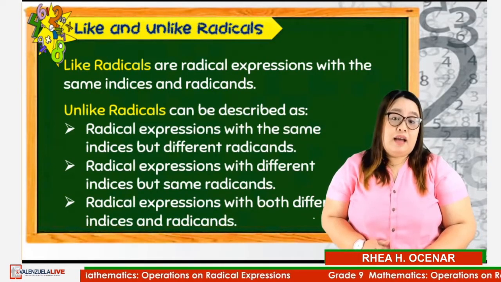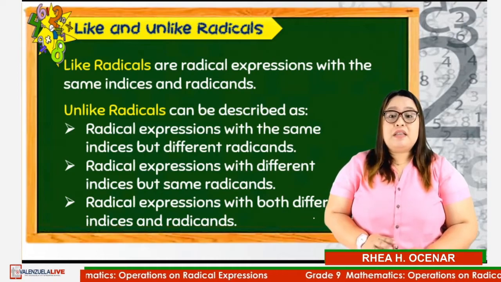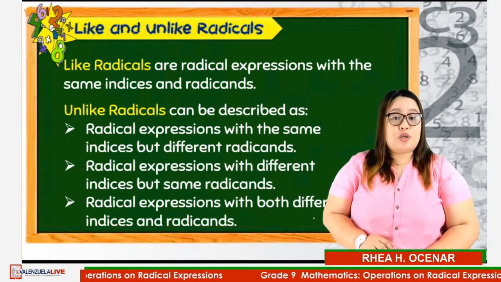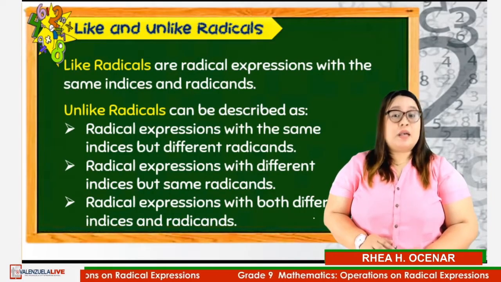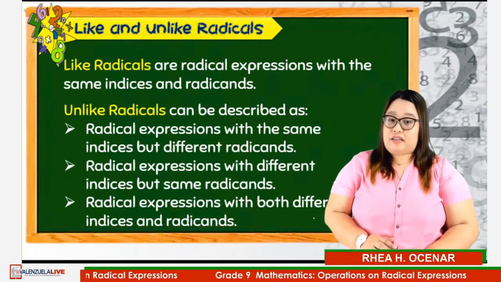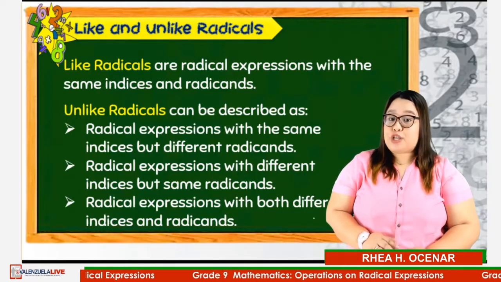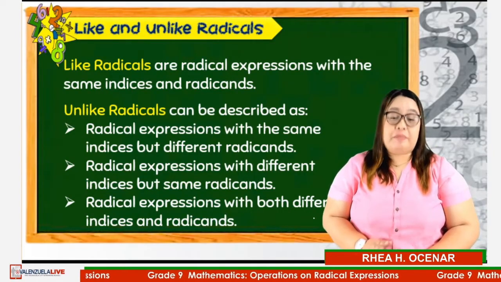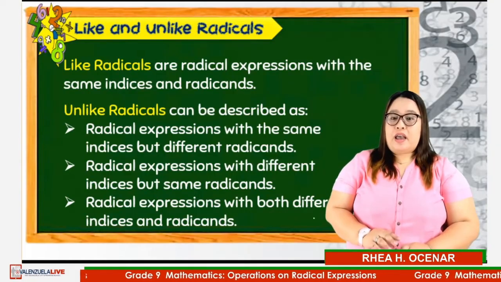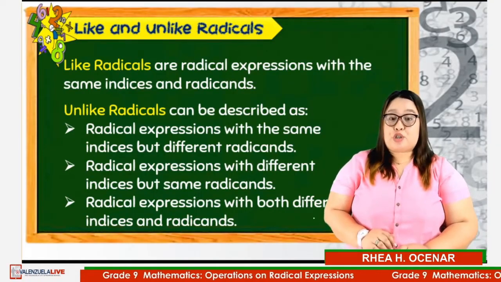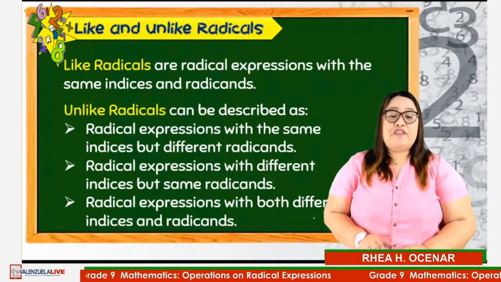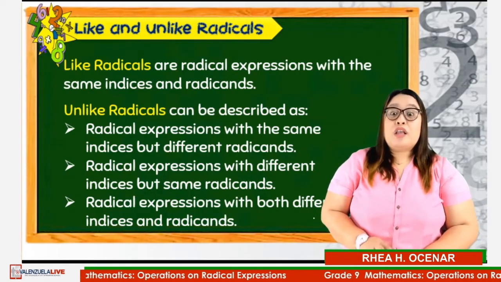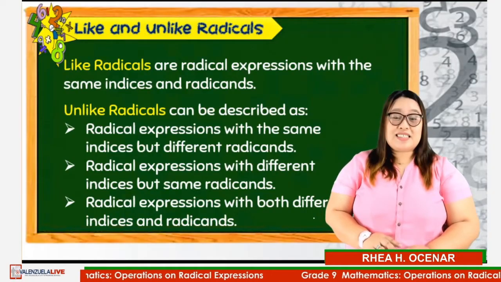Meanwhile, unlike radicals can be described as radical expressions with the same indices but different radicals, radical expressions with different indices but same radicals, and radical expressions with both different indices and radicals. Did you get their difference?